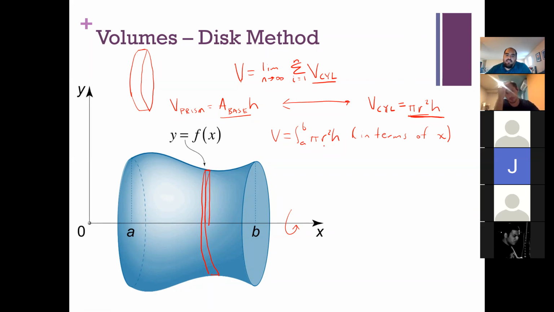So back to the radius. Any ideas for how I would express the radius in terms of the function or in terms of the variables x and y? I'm going to go ahead and draw at least one more strip in here.